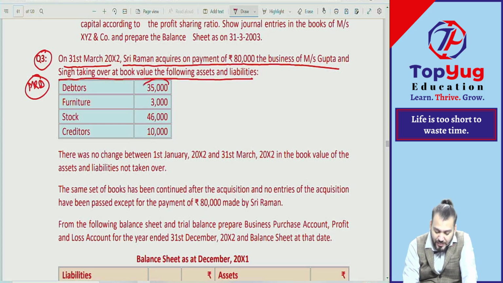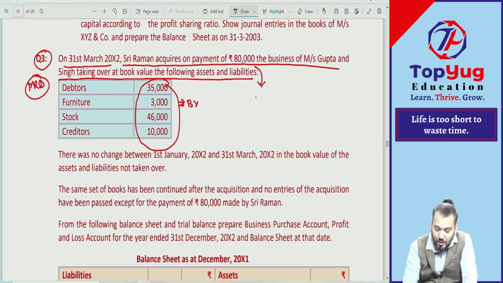Means these assets and liability are taken over at book value. Means this is the book value of assets and liability on 31st March 2002 in the balance sheet of Messrs Gupta and Singh. So Mr. Raman acquires the business of Messrs Gupta and Singh.